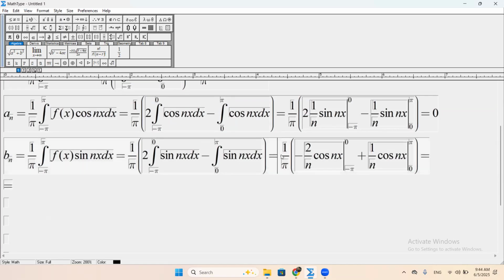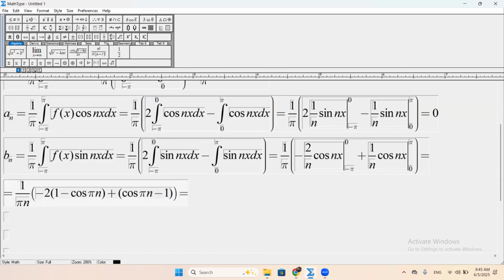Now providing these substitutions. So 1 over p, and here minus 2, so 1 minus cosine of pn, and here, let me also move n out of brackets, 1 over pn, and here plus cosine of pn minus 1.